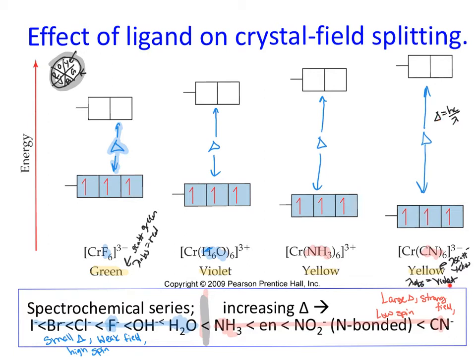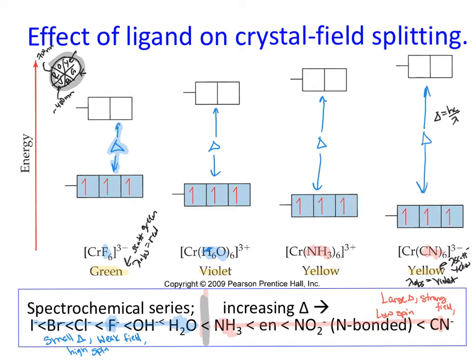So our wavelength absorbed is violet, which is our shortest wavelength, largest energy, and our wavelength absorbed here is red, which is our longest wavelength and our smallest energy. Just as a reminder, the wavelength for red light is about 700 nanometers at the extreme, and violet is around 400 nanometers, just to keep that in mind.